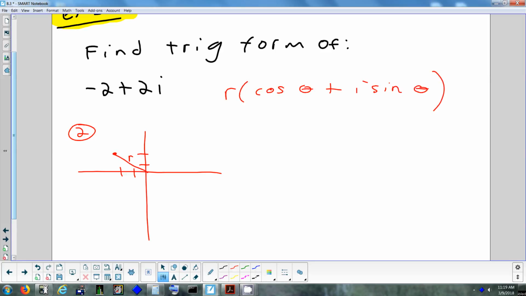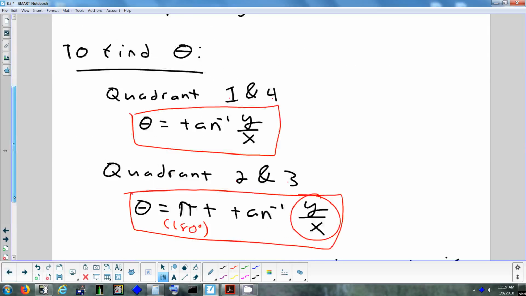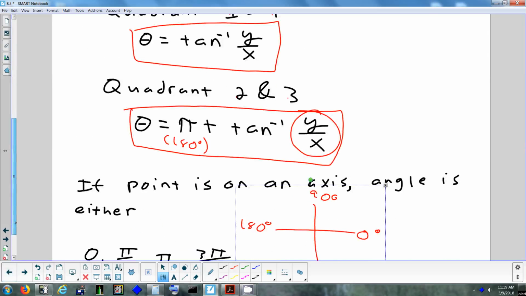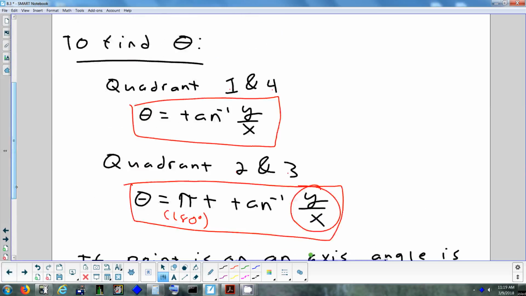Can someone remind me, what's my formula for theta if I am in the second quadrant? Pi plus inverse tangent of y over x, exactly.